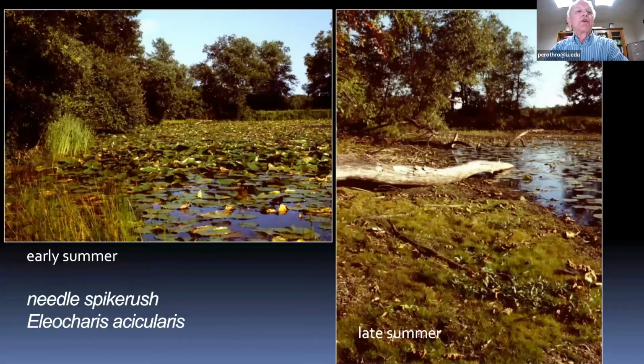The species you are most likely to run into in Wisconsin is diminutive in size, growing to only a few inches tall. Needle spike rush can grow underwater in the early summer, but by late summer, as water levels recede, it looks like a lumpy lawn.